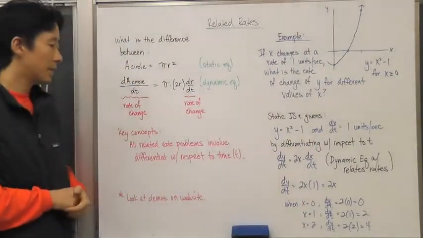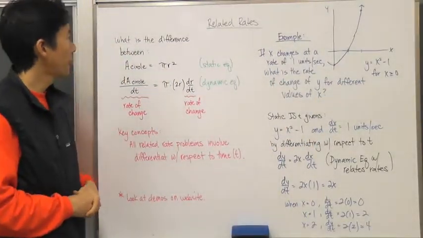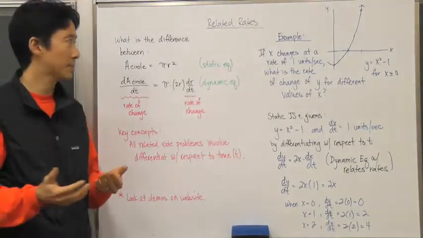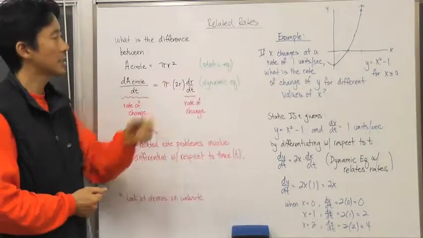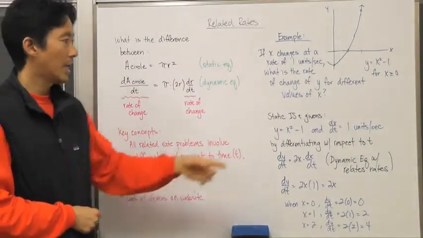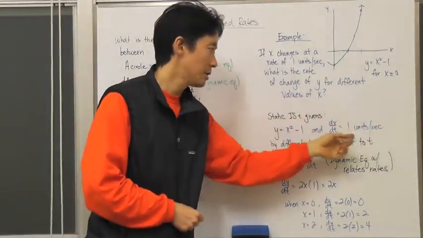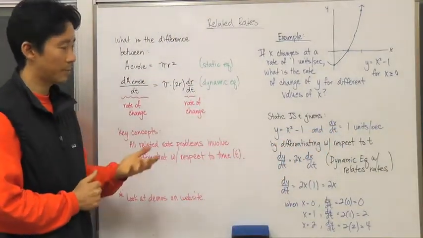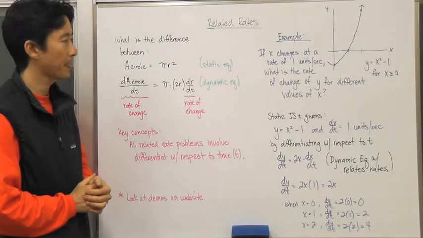Okay, so let's wrap all of this up again. What are the primary differences that we want to take a look at for this particular section? First, can we come up with a static equation, and can we determine what the particular givens are for the questions that you're looking at.